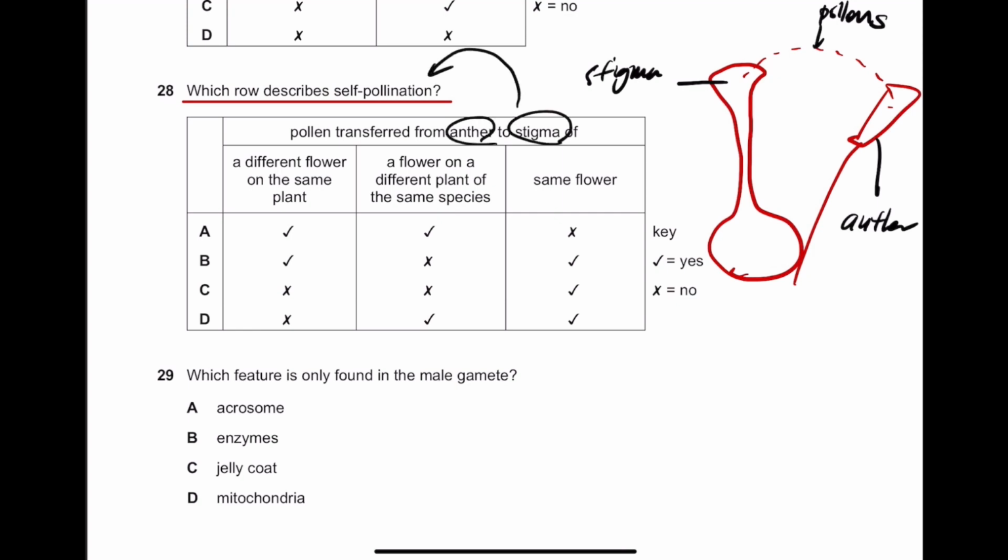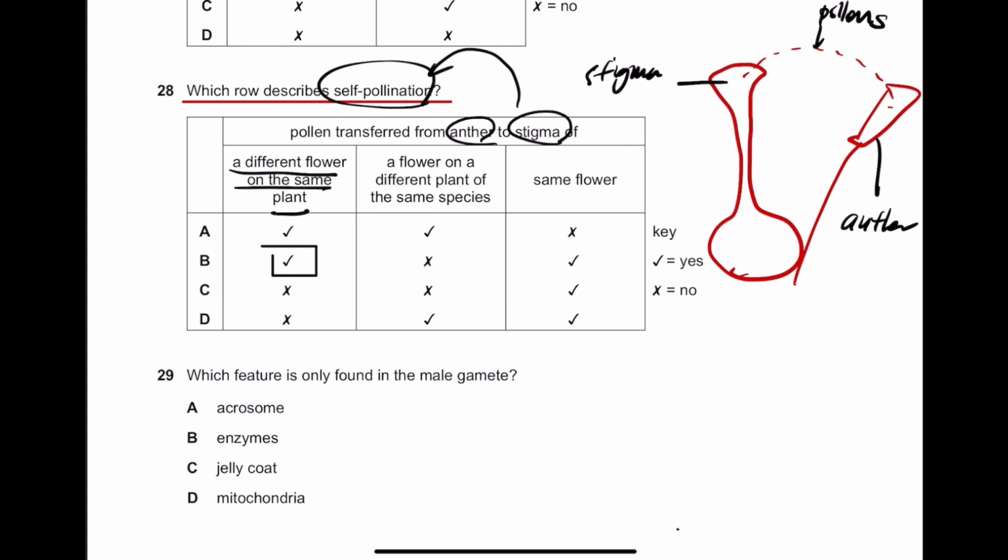But if the pollen from one plant travels to the stigma of the same plant, then it's called self-pollination. So a different flower on the same plant. Yes, this is a trick one. It says different flower on the same plant.